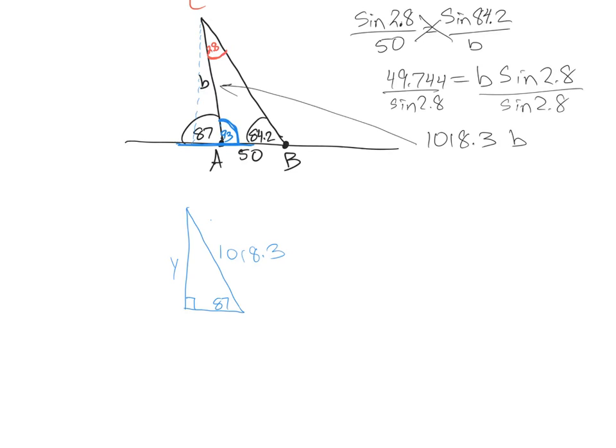Which trig function will you use? Sine, because the sine of 87 degrees is the opposite leg over the hypotenuse. And then you solve it algebraically. So 1018.3 times the sine of 87.